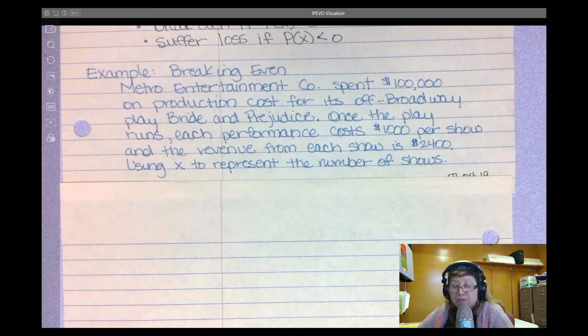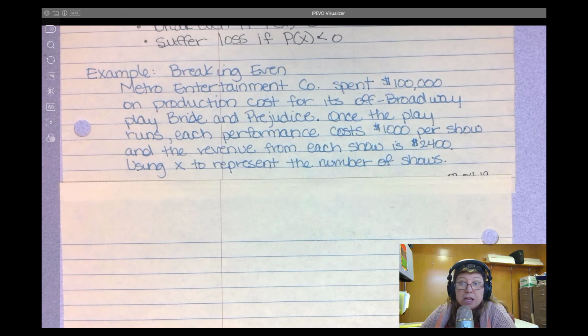Let's talk about finding that break-even point. Metro Entertainment Company spent $100,000 on a production cost for its off-Broadway play, Bride and Prejudice. Once the play runs, each performance costs $1,000 per show, and the revenue from each show is $2,400.